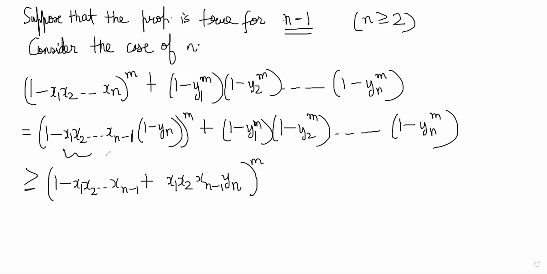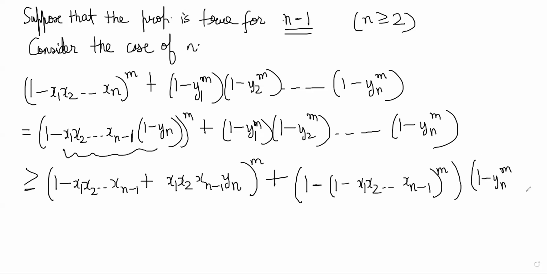I have just simplified this, plus here I am going to write this as (1 minus x1x2...x(n-1)) whole power m multiplied by (1 minus yn) to the power m.